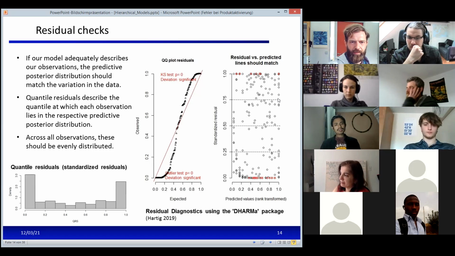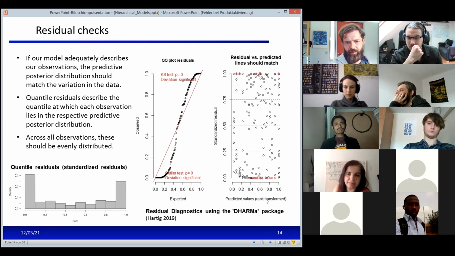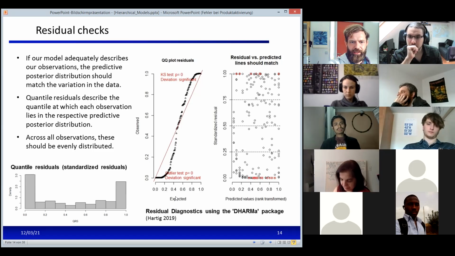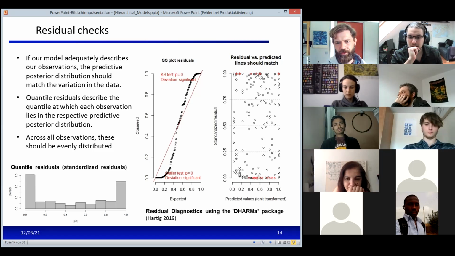Or here, just basically another way of showing the distribution of my quantile residuals now for different predicted values, which also shows me that in general, across the range of different predicted values, I always get more observations in the extremes of this predictive posterior distribution. Okay, so apparently my model in this case does not really adequately describe the variation in my data.